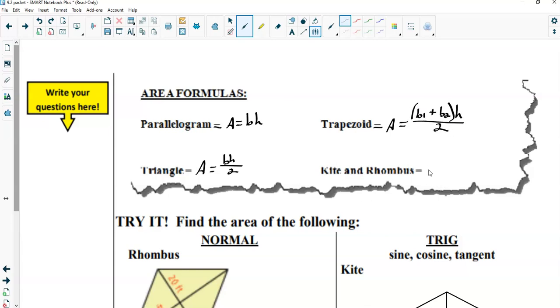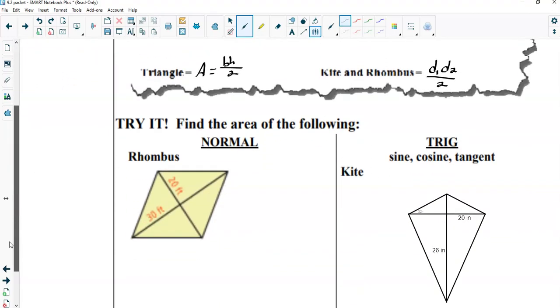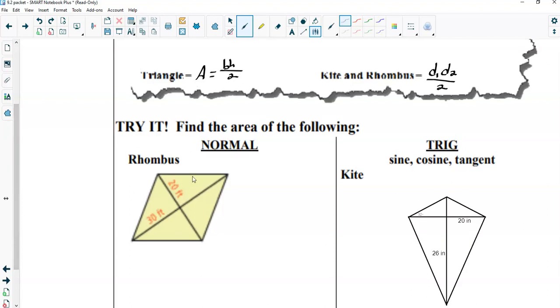In the kite and rhombus, it is diagonal 1 times diagonal 2 divided by 2. So here are the 4 formulas that you should have so far. Let's take a look at this one. Before you continue, make sure you pause the video and try these and see if you could find the area, and then press play and see how you did.